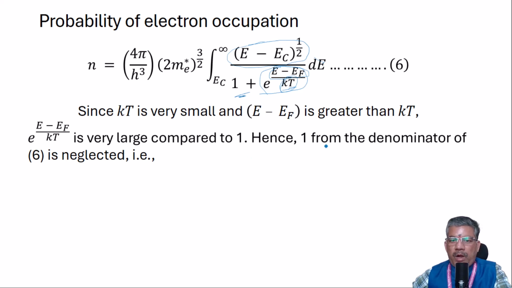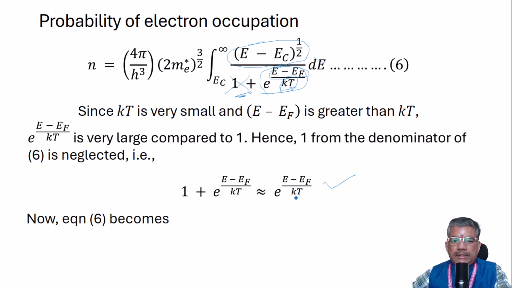Hence the 1 in the denominator of equation number 6 is neglected. That is, 1 plus exponential of (E minus EF) by kBT is approximately equal to exponential of (E minus EF) by kBT.